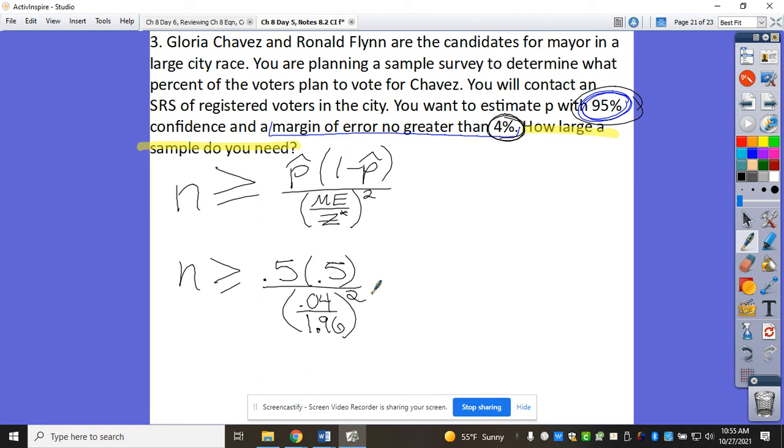And you should, if you're typing this in correctly, get 600 point something. Yes. Which means my answer is actually what? 601.